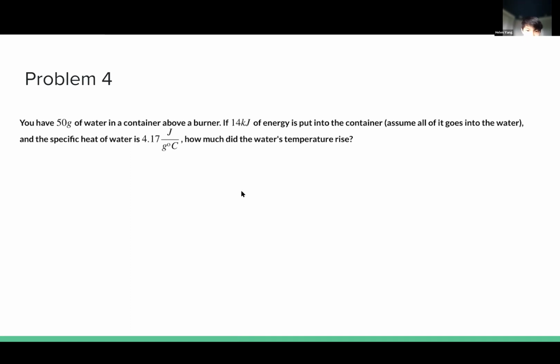This question says you have 50 grams of water in a container above a burner. If 14 kJ, which is 14,000 joules of energy, is put into the container, assuming all of it goes to the water, and the specific heat of water is 4.17, how much did the water temperature rise?